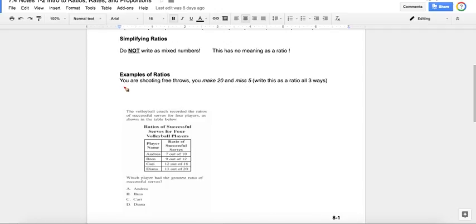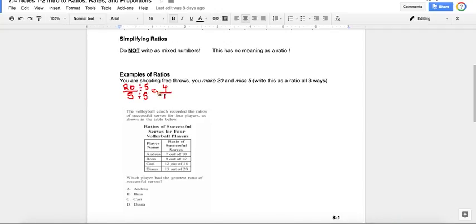So we're going to write 20 over 5. Okay, 20 makes to 5 misses. And what can we divide top and bottom by? That's correct, 5. And 20 divided by 5 is 4, and 5 divided by 5 is 1.